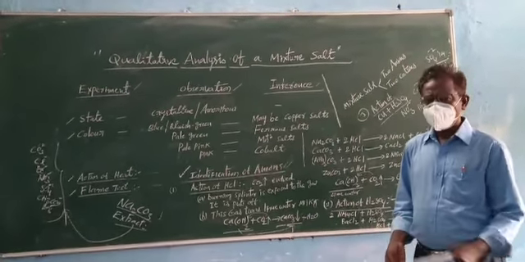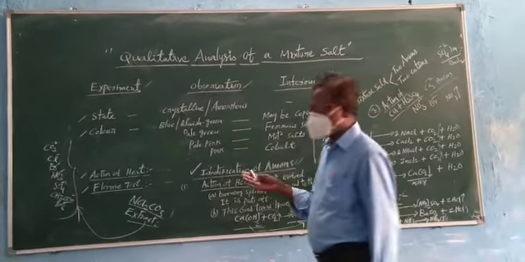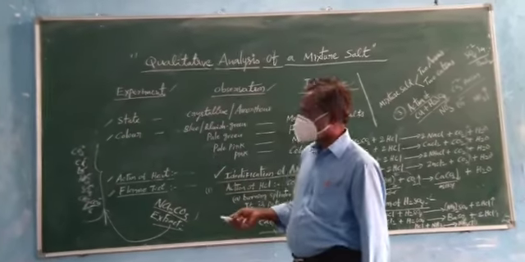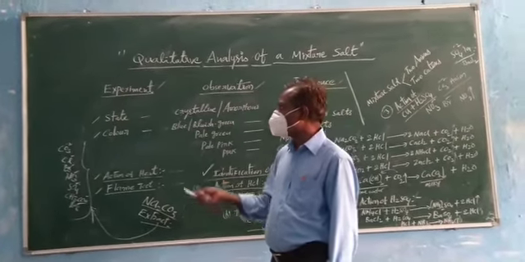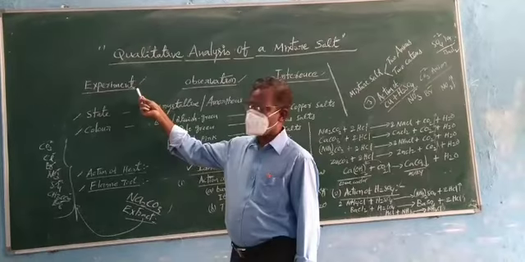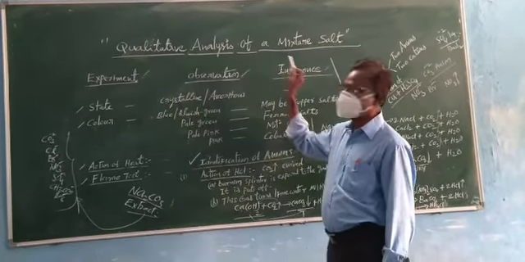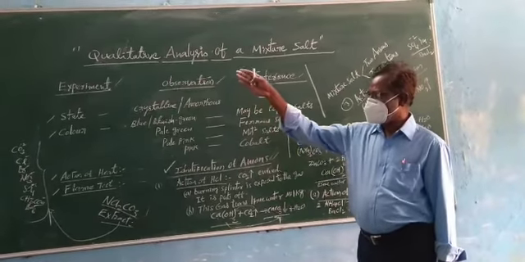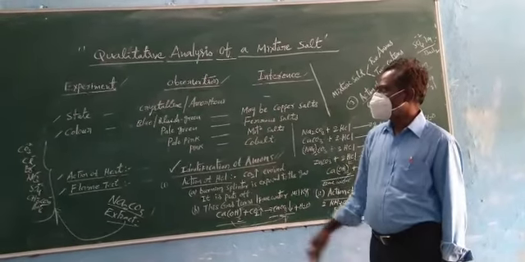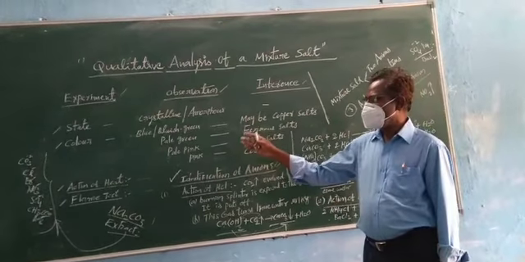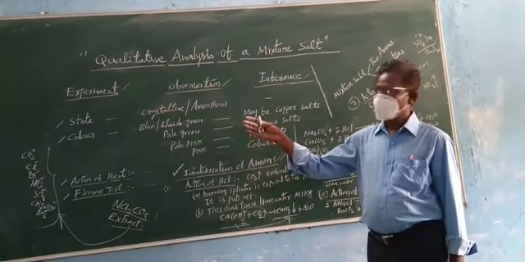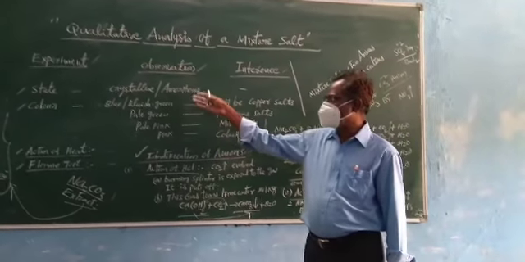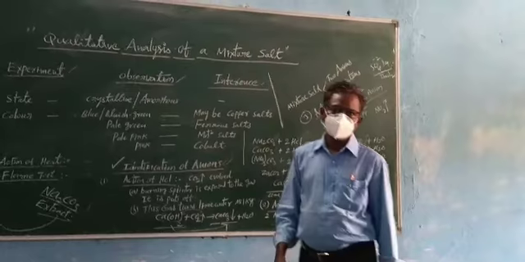One by one you have to do the same, and produce it in your observation book. In your observation book you have to divide into 3 parts: experiment column, observation column, then inference column. First write under the experiment column what experiment we have done, then write the result under the observation column.